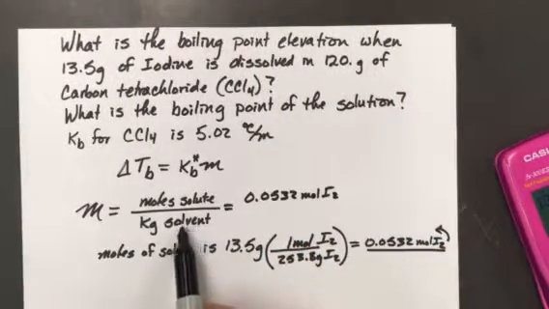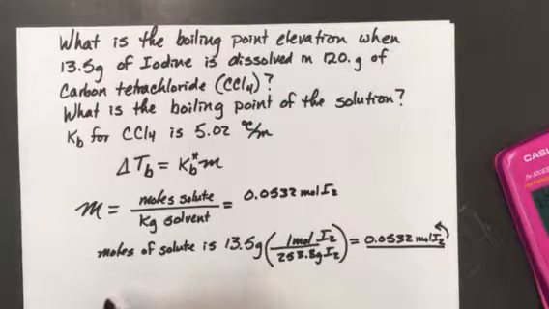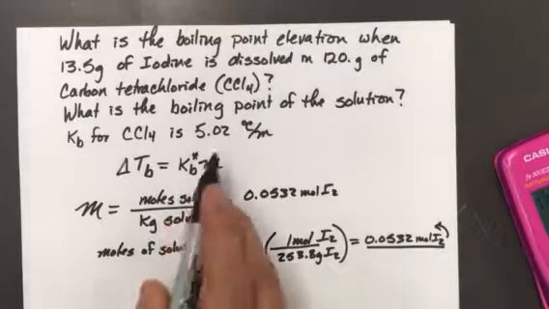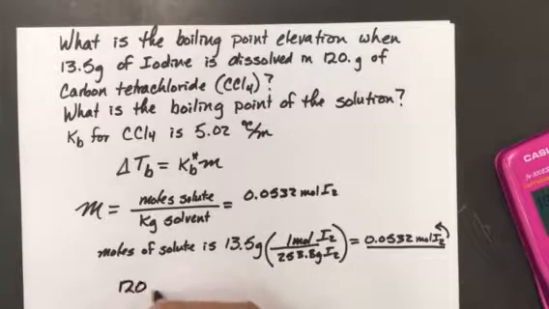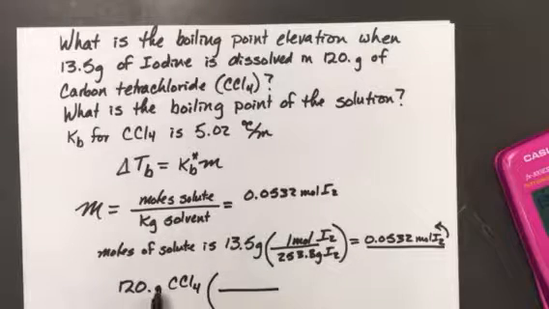Now let's tackle the bottom, the kilograms of solvent. This is much easier. It's a more basic conversion. So we have 120 grams of carbon tetrachloride, CCl4. I'm going to again do a conversion, and I know converting grams to kilograms, there are 1,000 grams in every 1 kilogram.